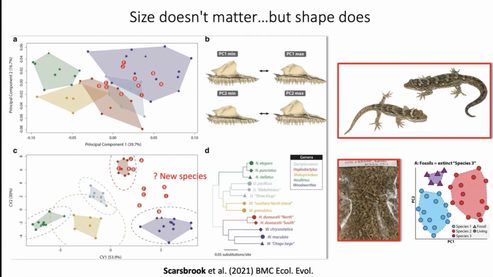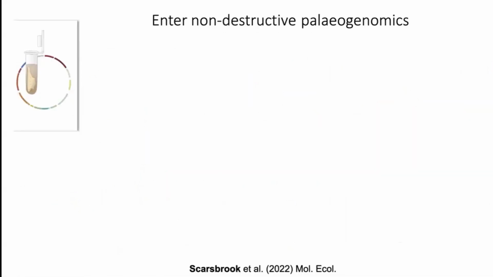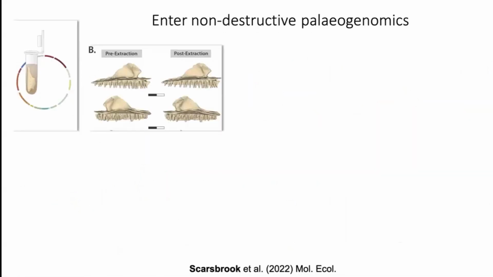But with these, we can get ancient DNA out. And so what Lockie did is he soaked all the DNA out. Again, there was no damage. We effectively went fishing for ancient gecko DNA. So just like you go fishing for fish, you attach a bait that is preferable to your prey species, and you go fishing.